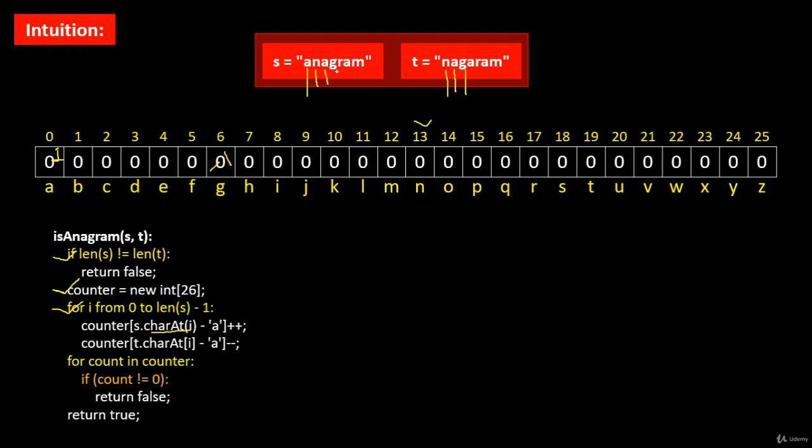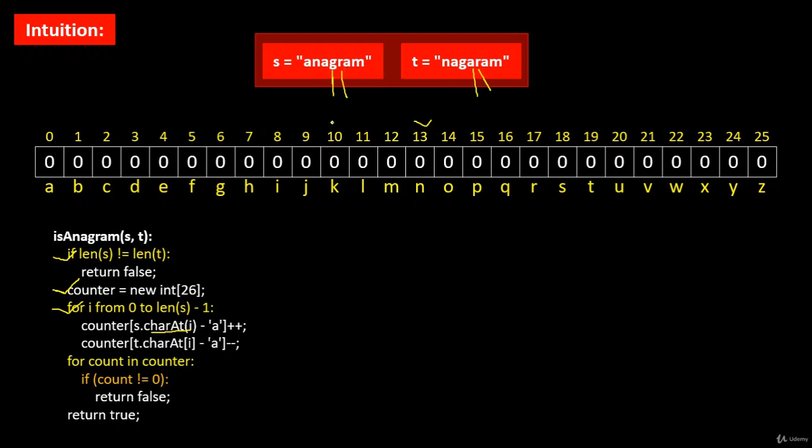Then for the next iteration, we have the characters Z and A. For the character Z, we'll increment, and this value will be changed to 0. For this character A, we will decrement, and this value will be changed to 0. Then the next character is R, and here R as well.